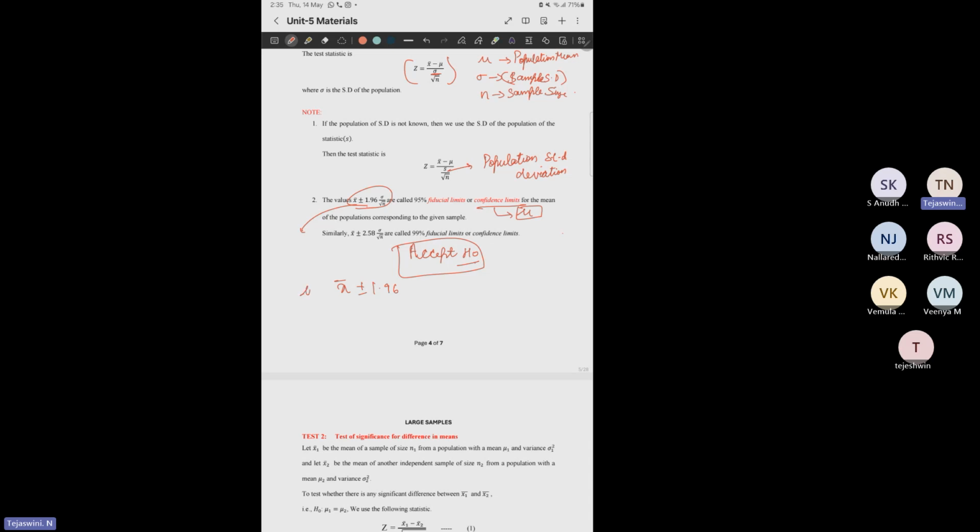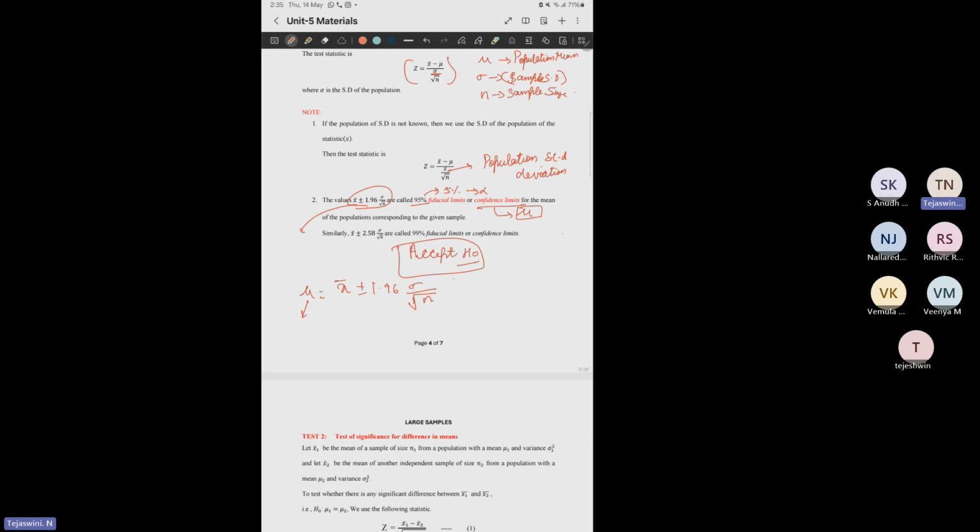For example, x bar plus or minus 1.96 is the confidence limit for 5%. 95% confidence means alpha is equal to 5%. If mu varies between the answers we get from these two, then we can accept H naught.